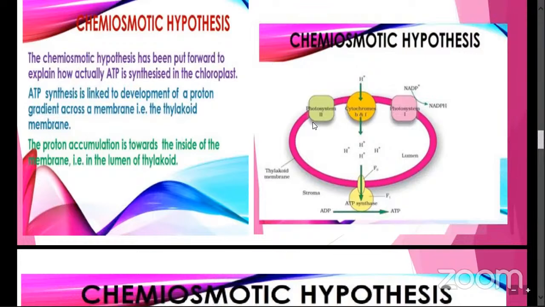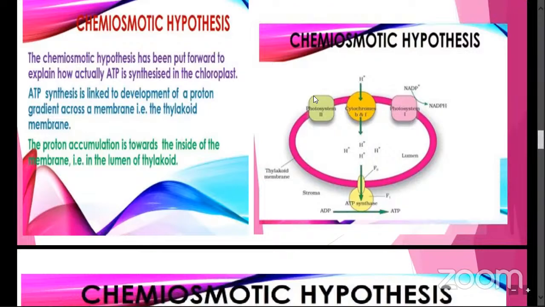By receiving these photons in excess, reaction center chlorophyll a gets excited and releases electrons, which are accepted by the PEA, the primary electron acceptor. From there, from the high energy gradient, the electrons move downwards through various electron acceptors and finally are accepted by the photosystem 1 reaction center.